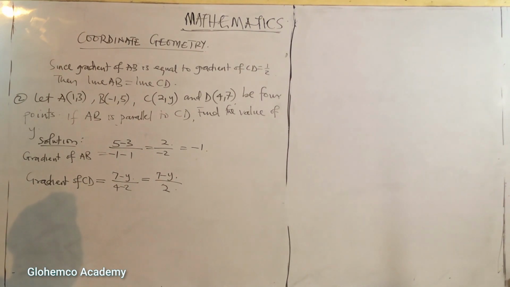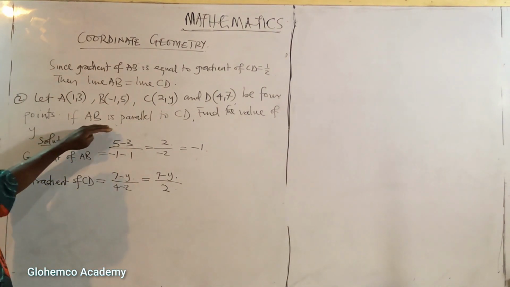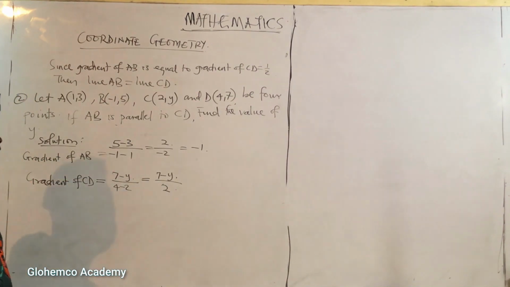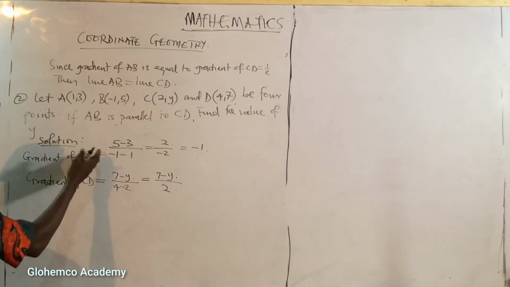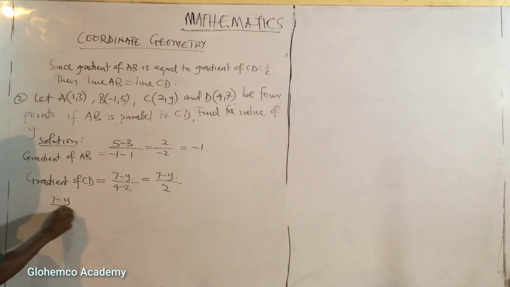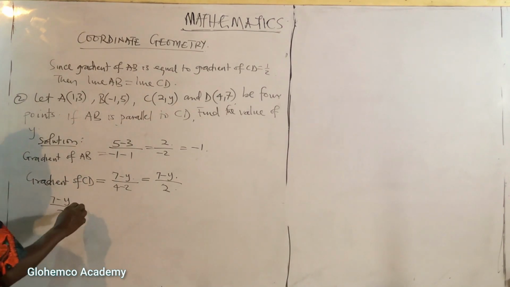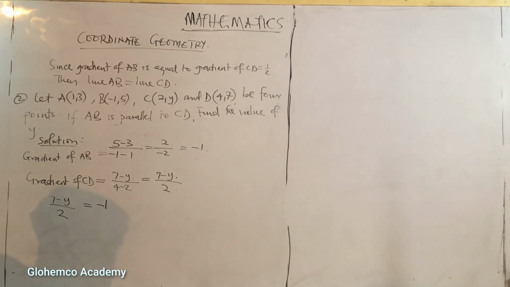In this case, if the gradient of AB is minus 1, definitely the gradient of CD is supposed to be minus 1 as well, because it has been stated that AB is parallel to CD. Once they are parallel, their gradients must be equal. So 7 minus y over 2, the gradient of CD, must be equal to minus 1, the gradient of AB.